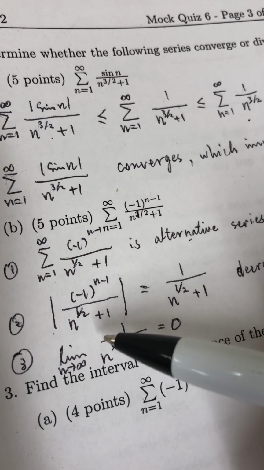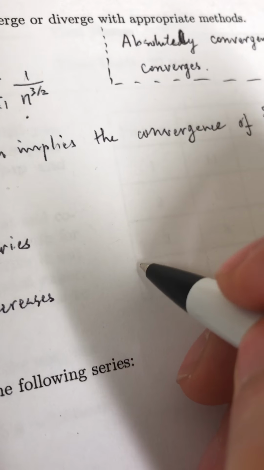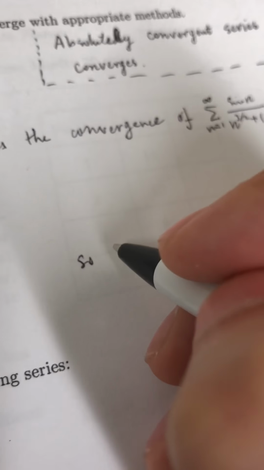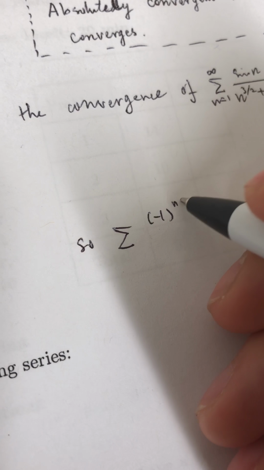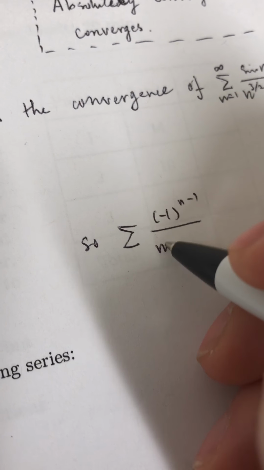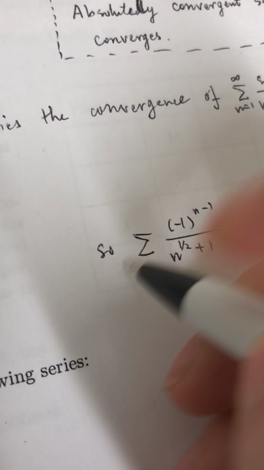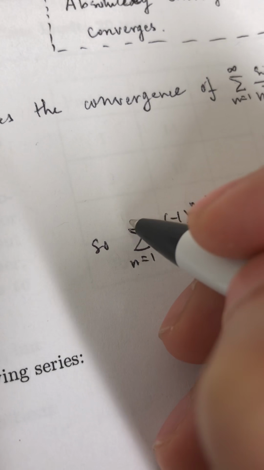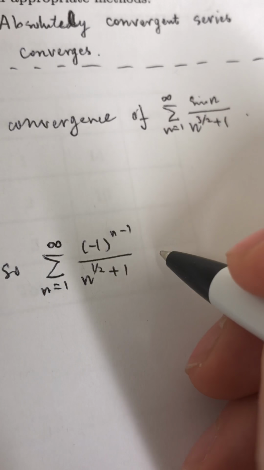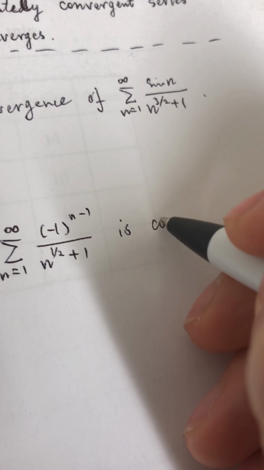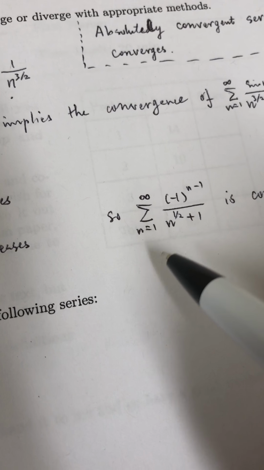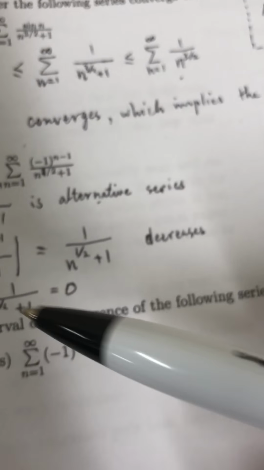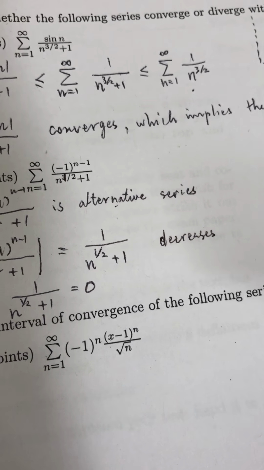Once you check the three conditions, you can say that the original series is convergent. And actually it is conditionally convergent because the sum of those terms diverges.